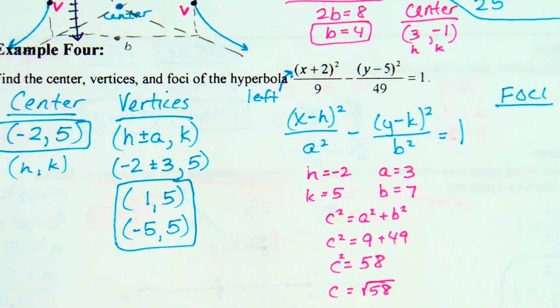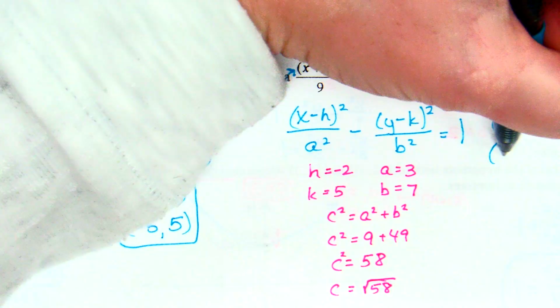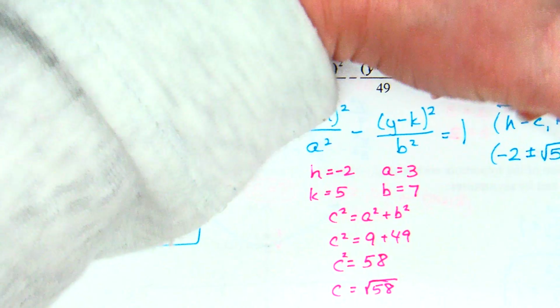The only thing that changes up on foci, A becomes C. So H plus or minus C, comma K. So what do we get? -2 plus or minus square root of 58, comma 5.